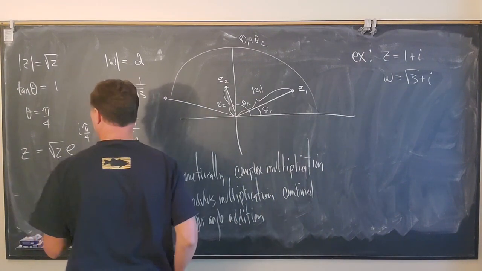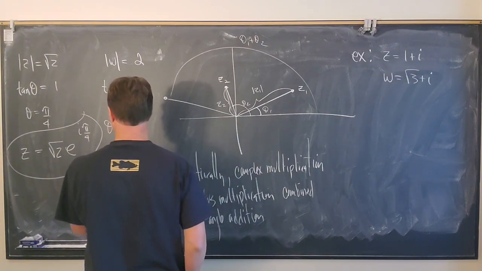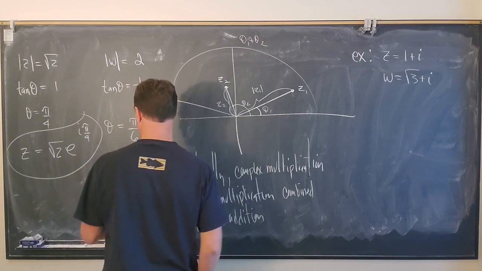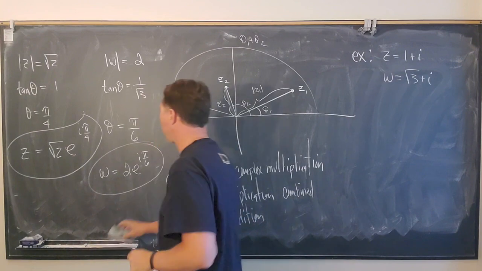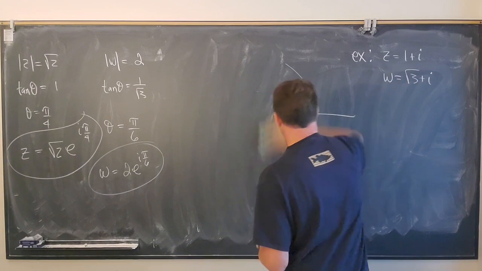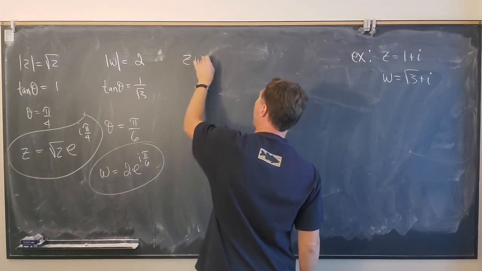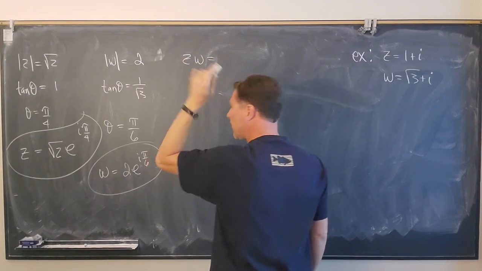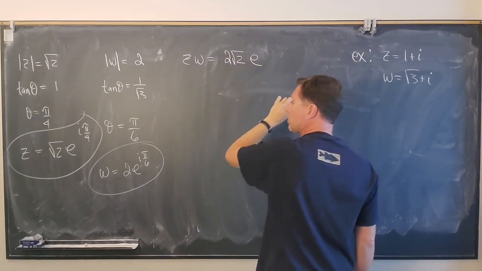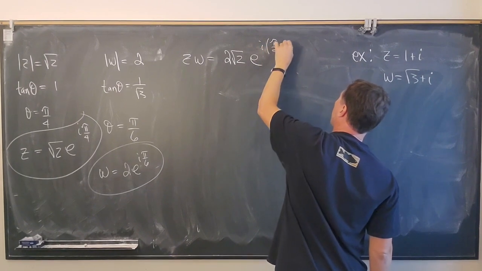So now let's write it out. Z is right there. My W is going to be 2 e to the i pi over 6. And so now, when we multiply, z times w in polar coordinates will be 2 root 2 times e to the i times pi over 4 plus pi over 6.